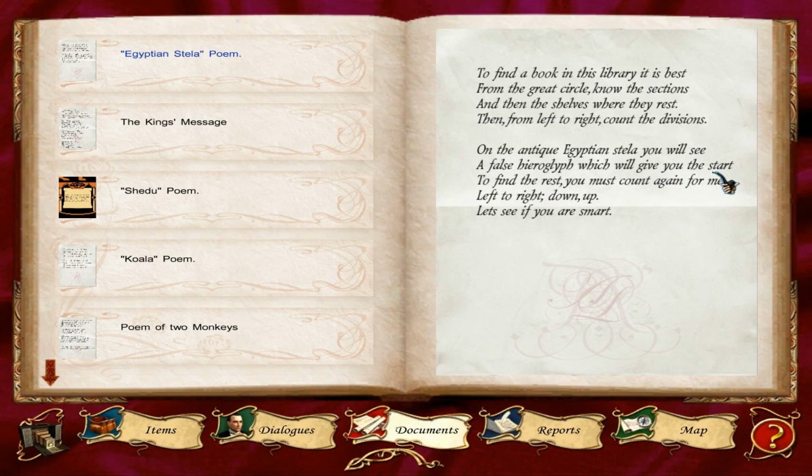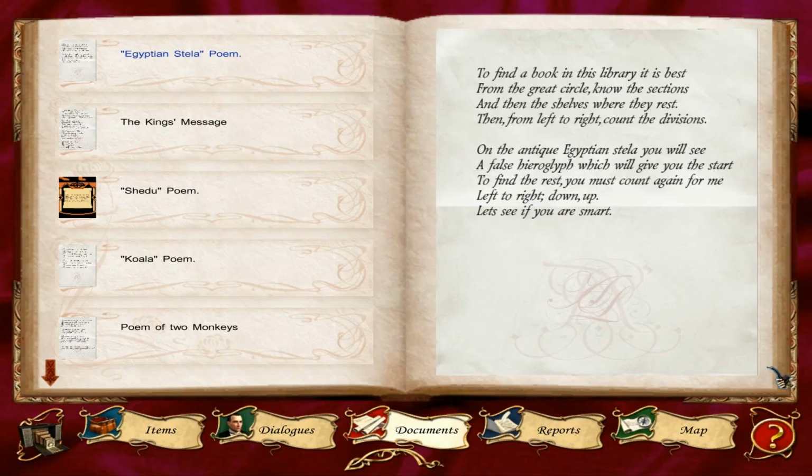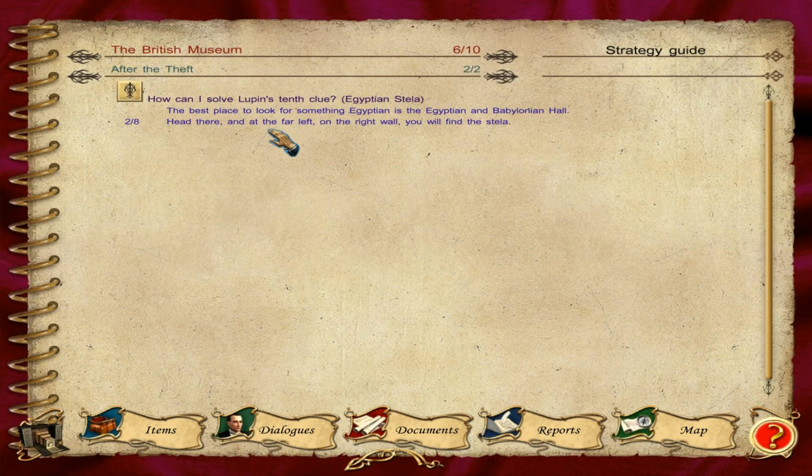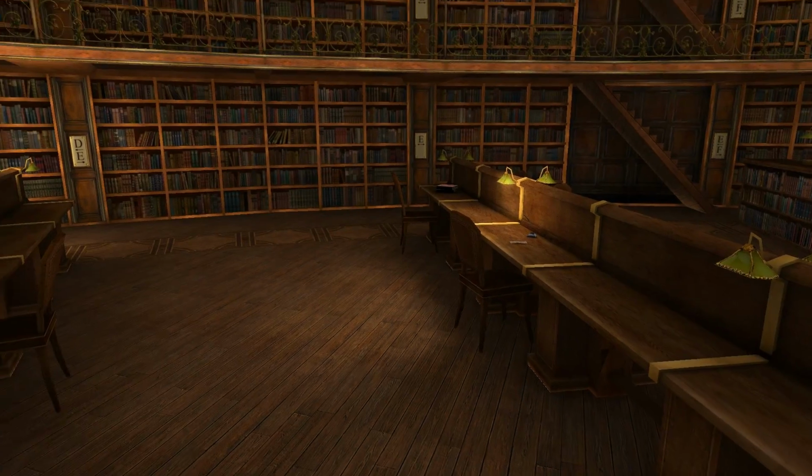You will see a false hieroglyph which will give you the start. To find the rest, you must count again. For me, do I need numbers? Actually, let's have a look at the hints. Do I need numbers? Okay. What? That is bizarre logic.